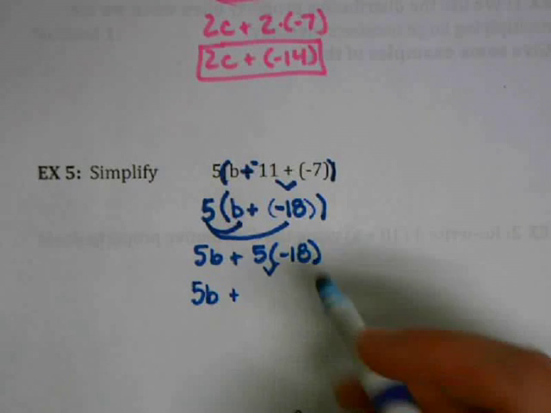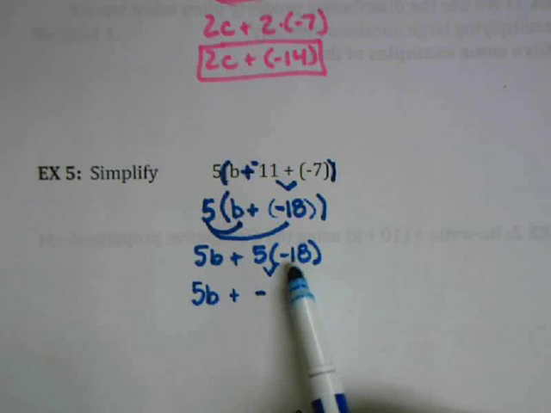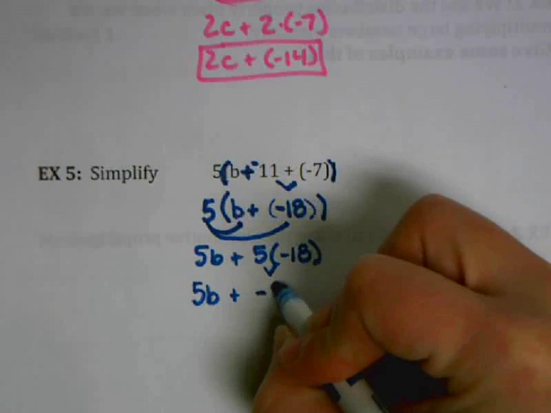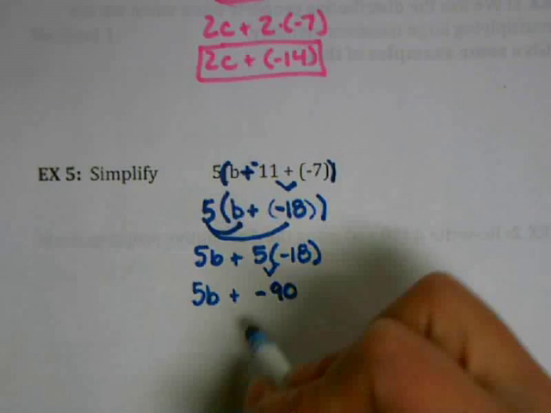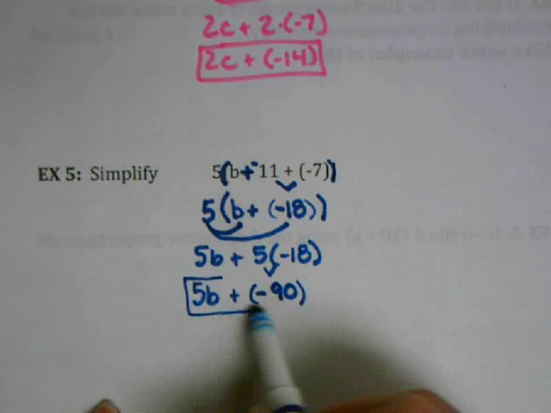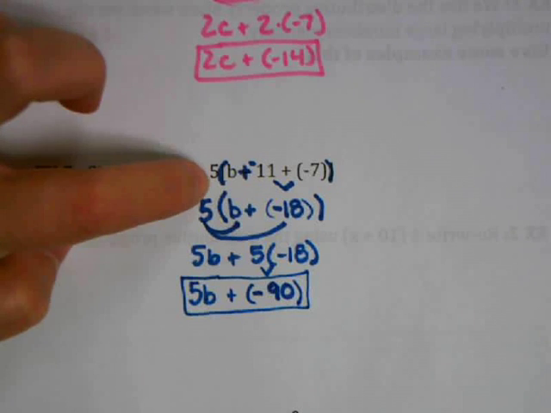I know that a positive times a negative is definitely going to be a negative. Can I break this up into 10 and 8? 5 times 10 is 50. 5 times 8 is 40. 50 and 40 is 90. So I've got 5b plus negative 90. Can I combine them? No, they're not like terms, so guess what? We're done.